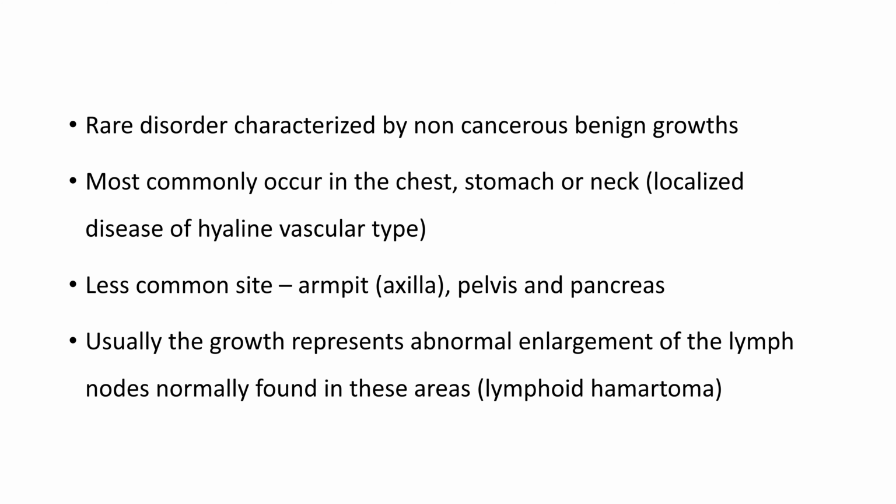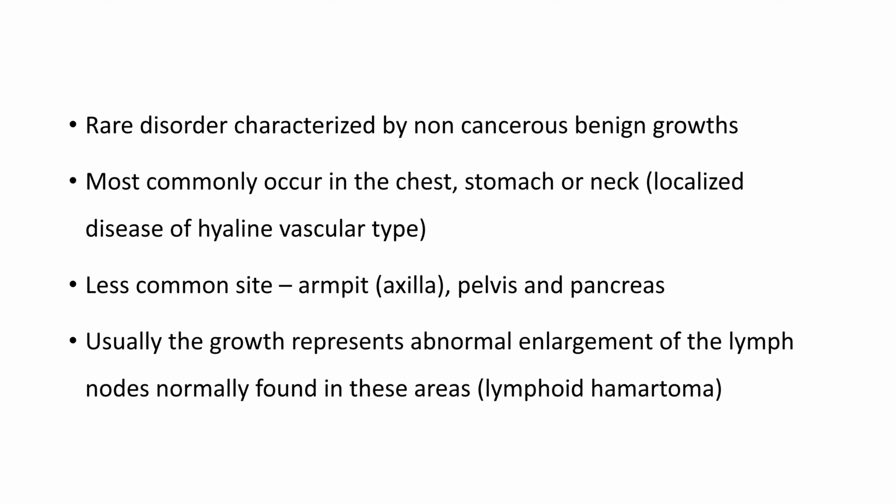So hamartoma is a benign local malformation of cells that resembles a neoplasm of local tissue, but is usually due to overgrowth of lymph node. Okay, so that is the hamartoma, which is a rare disorder characterized by non-cancerous benign growths. This is lymphoid hamartoma.